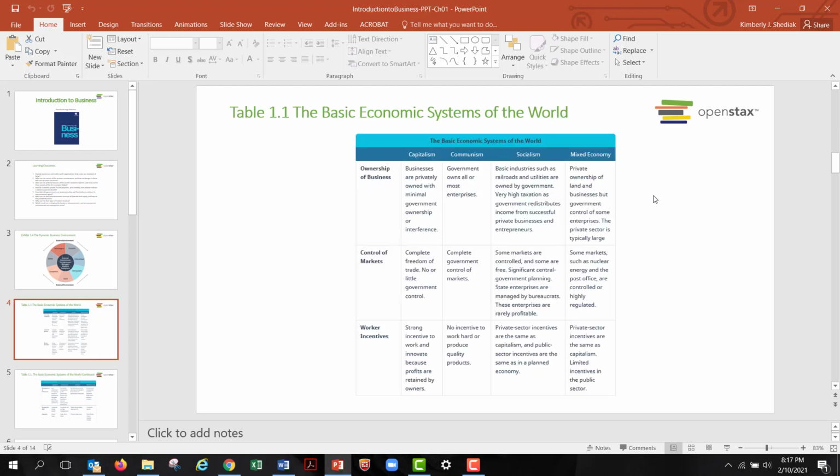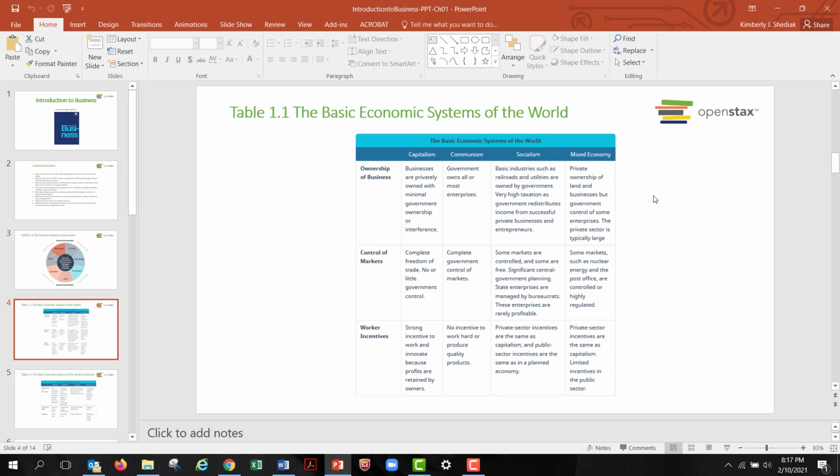These are the basic economic systems of the world. You'll see at the top capitalism, communism, socialism, and mixed economy. And then under each of these, we see how they affect ownership of business, control of markets, and worker incentives.